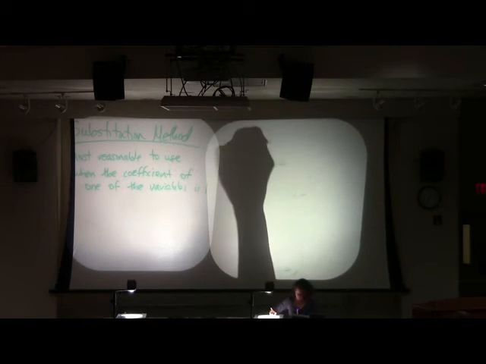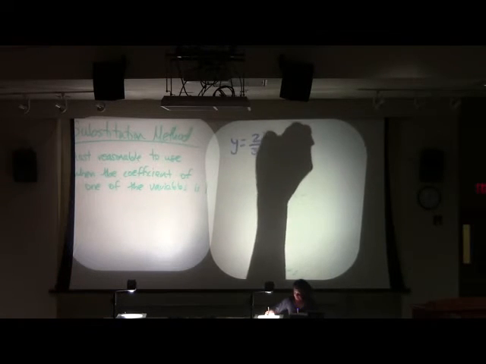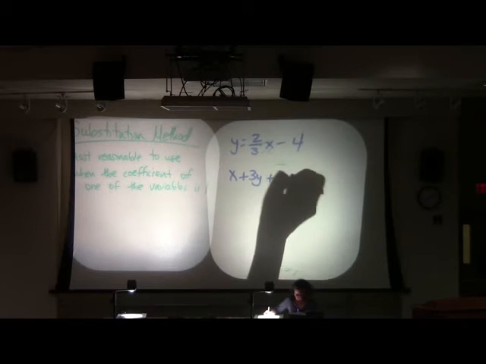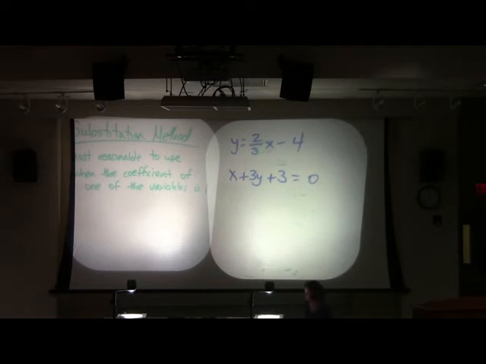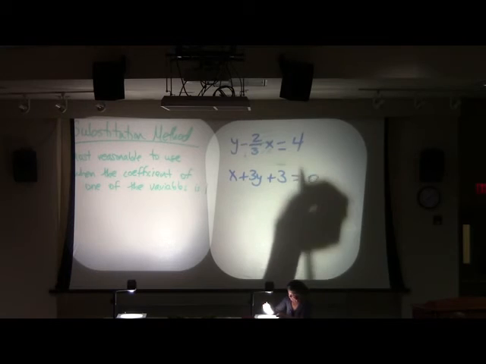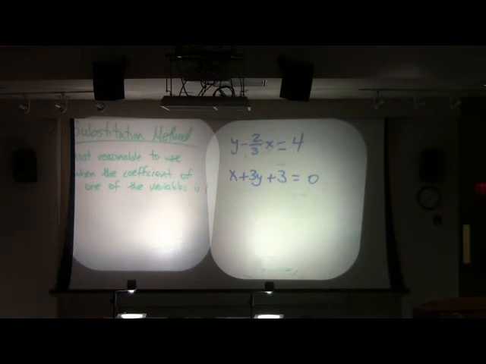And don't worry, I'll write out the steps. So y equals 2/3 x minus 4, and x plus 3y plus 3 equals 0. Actually, hopefully you have a pencil. There we go. Let's start it out like this.